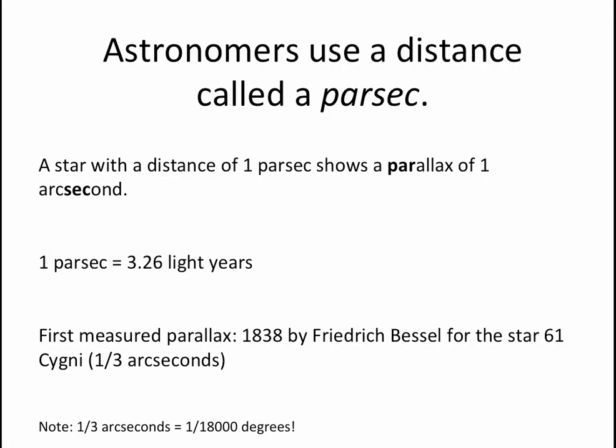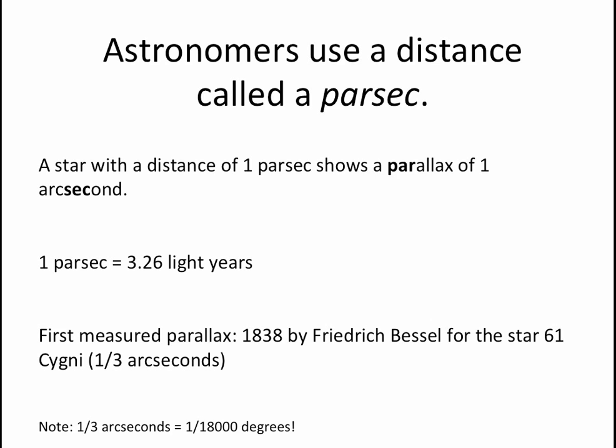The distance that we use for stars is called a parsec. Parsec is short for parallax in arc second, because a star that is a distance of 1 parsec away has a parallax angle of 1 arc second. If you remember, in a degree there are 60 arc minutes, and 1 arc minute is about the smallest thing your eye can see.